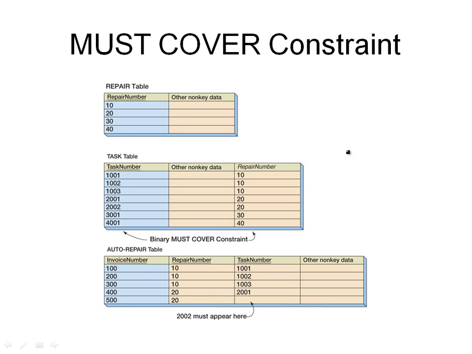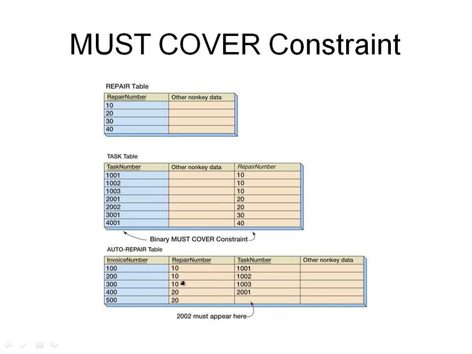Must cover constraint. If we have the repair table, the task table, and the auto repair table, the repair numbers 10, 20, 30, 40, and we have the task numbers, certain tasks are assigned to repair number 10, others to 20, others to 30, and others to 40. So we have a constraint that must cover these numbers.